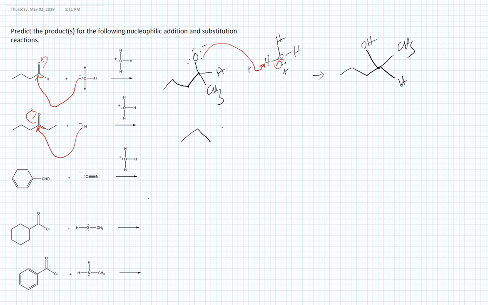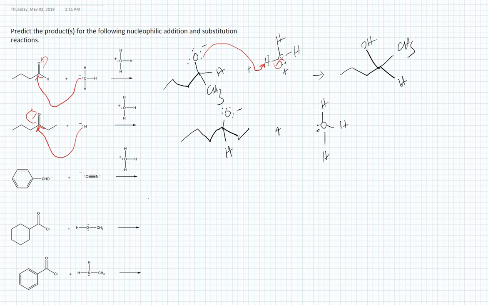Here this will be a negatively charged oxygen. I'm going to draw the hydrogen here, and then in the second step, this was the first step, generation of the tetrahedral intermediate, we will have here hydronium ion. Hydronium ion is going to protonate this tetrahedral intermediate.